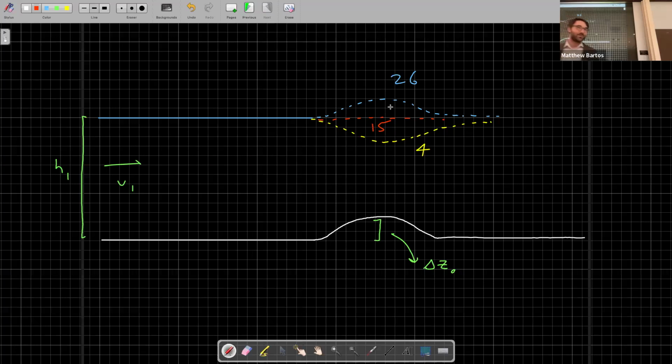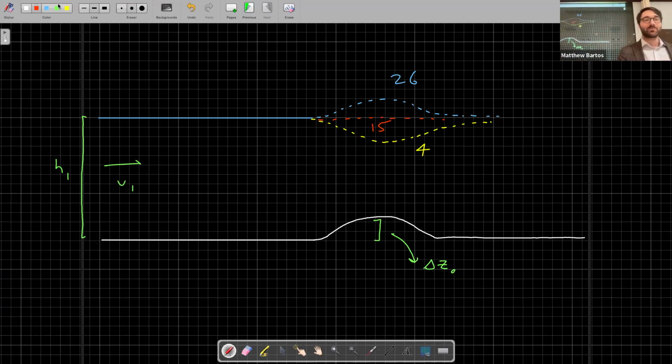We'll figure out shortly which of these options it is. It might not be obvious what happens, and your intuition may lead you astray here. So basically we have the depth and the velocity at the upstream end of the channel.